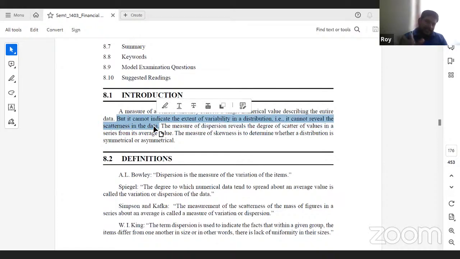See, what is scatterness? When you take the average value, for example, how many are there in our class today? Including me, co-host and co-host, we have 9 people, right? Among the 9 people, I have taken the marks. Let us see who are there.